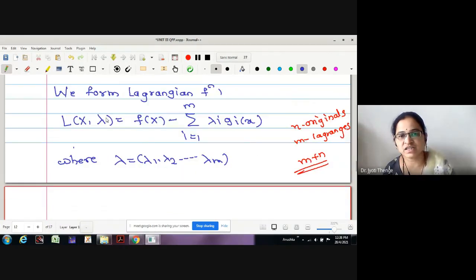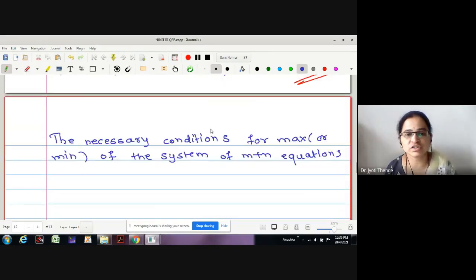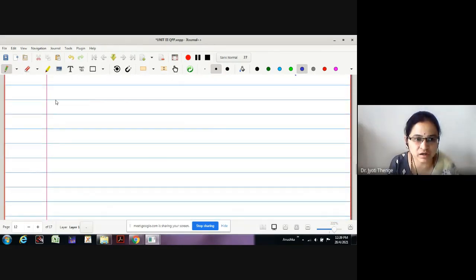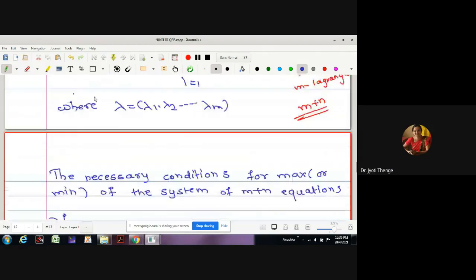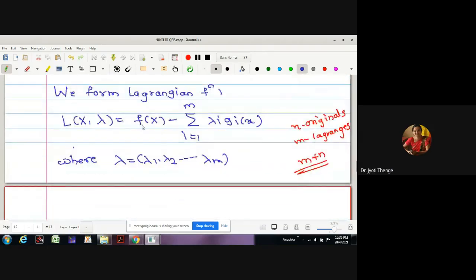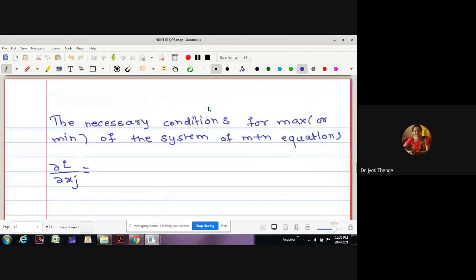First, we will differentiate this L with respect to the original variables. What is the original variable? Let me write x_j. Therefore, is it dou L by dou x_j? What will be the derivative? Is it dou f by dou x_j minus, we have to differentiate this with respect to x_j as well.